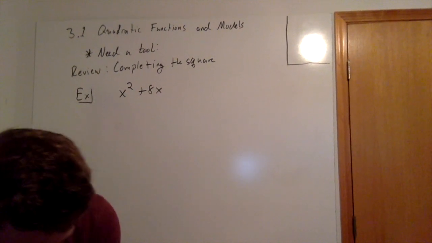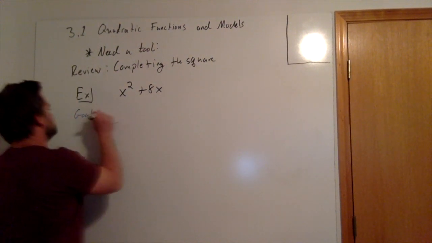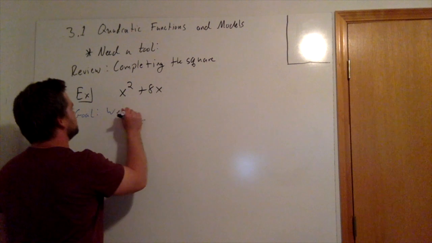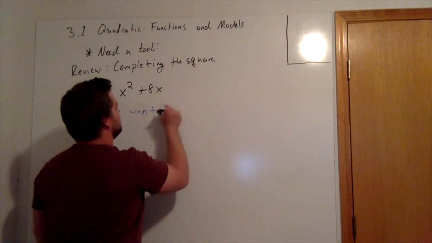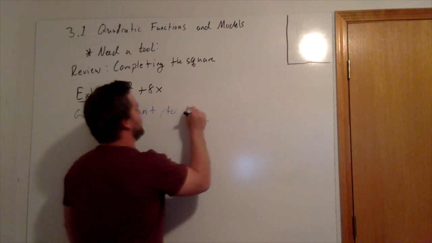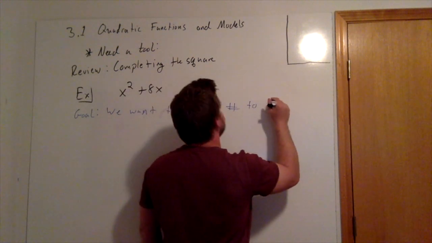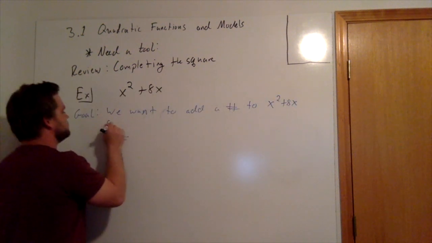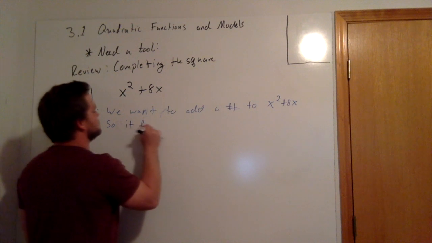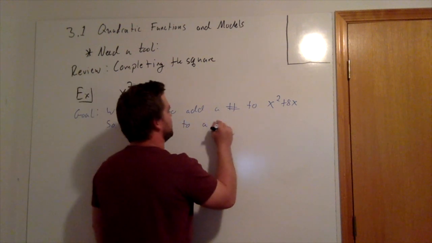So I guess our goal is we want to add a number to x squared plus 8x, so it factors to a perfect square.